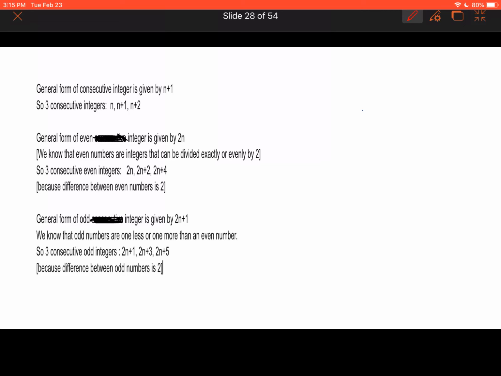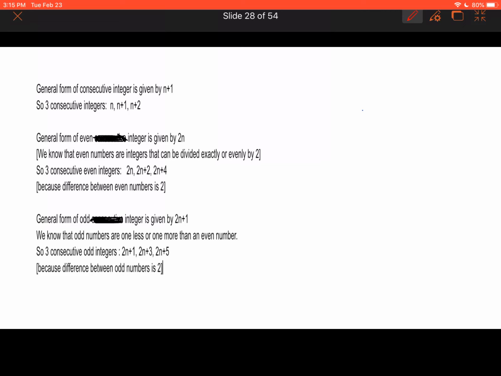The general form of an even integer is given by 2n, because we all know that even numbers are integers that can be divided exactly or evenly by 2. So the general form of any even number is given by 2n.